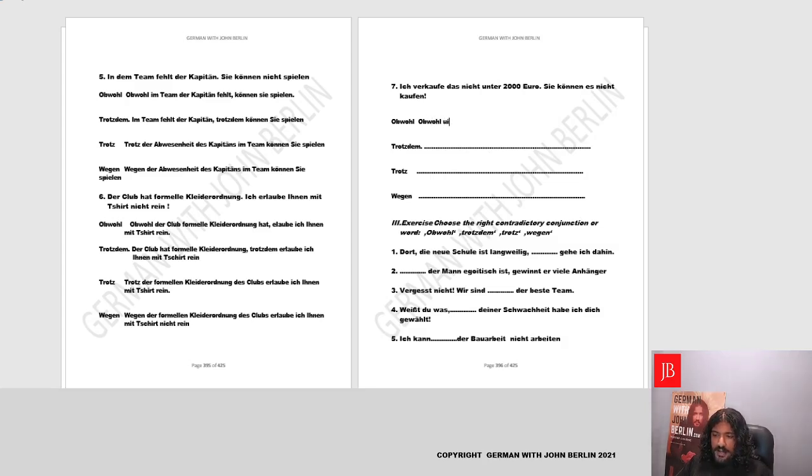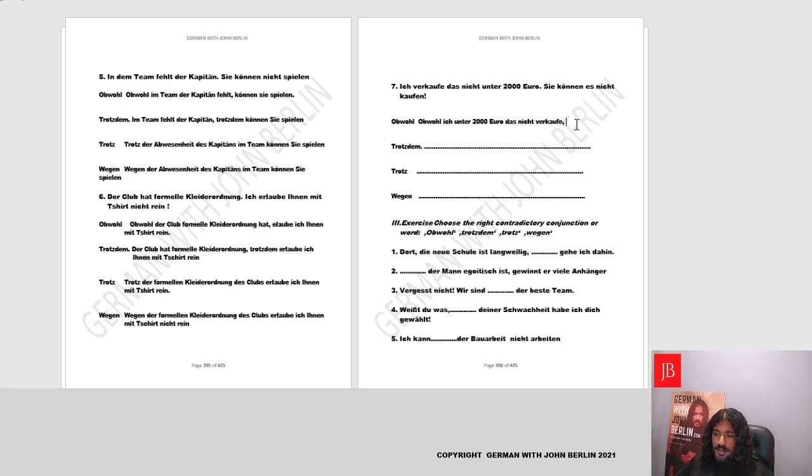Obwohl ich unter 2000 Euro das nicht verkaufe, obwohl ich unter 2000 Euro das nicht verkaufe, very good, Komma, you can buy it.